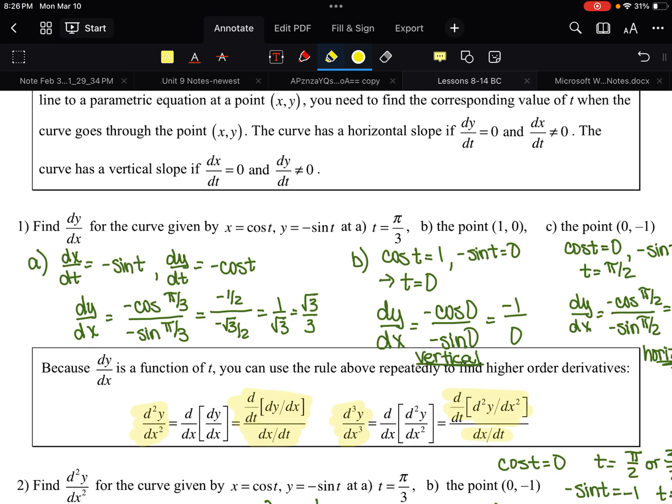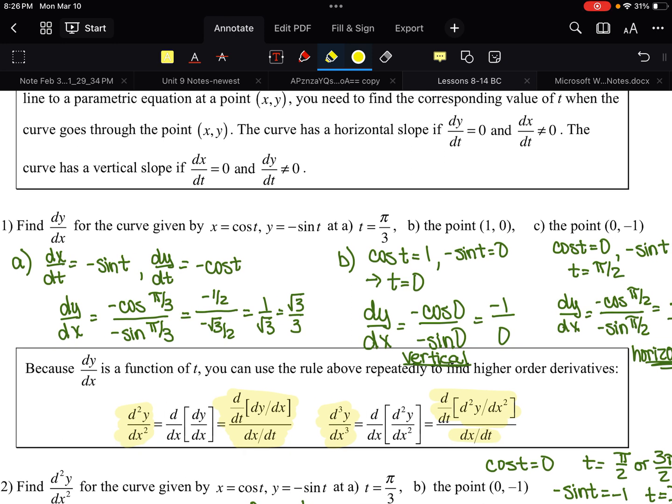The second thing it said is find dy/dx at the point (1, 0). My derivative equation is in terms of t, not in terms of x's and y's, but this point is an x and a y. So how am I going to evaluate something in terms of t when I don't have t? Well, I've got to find it.